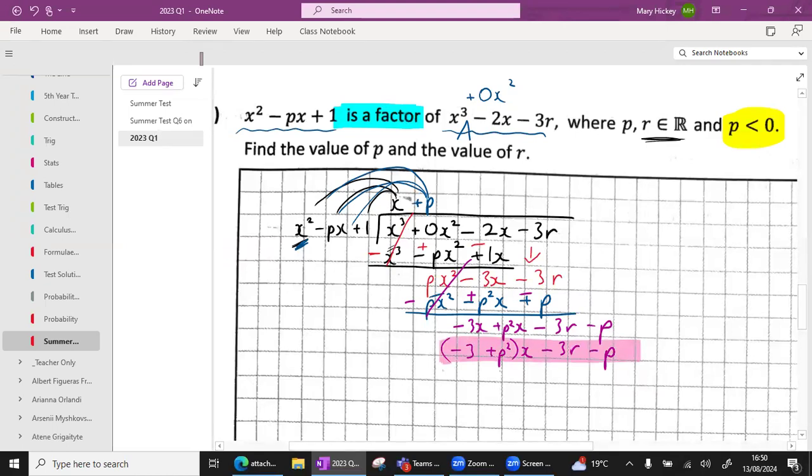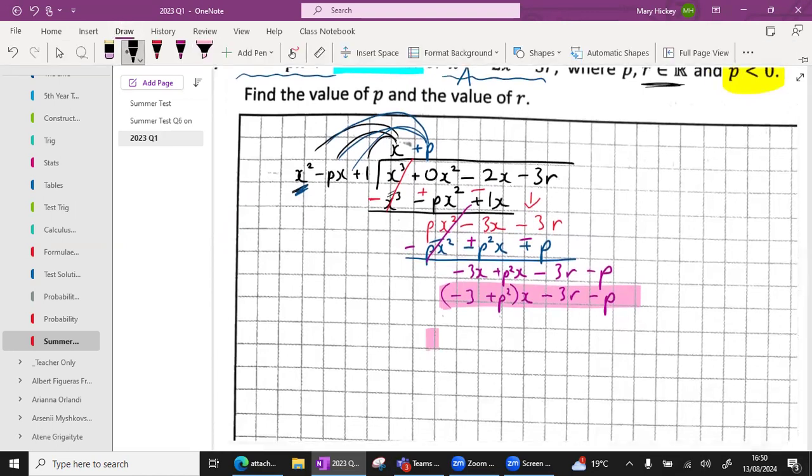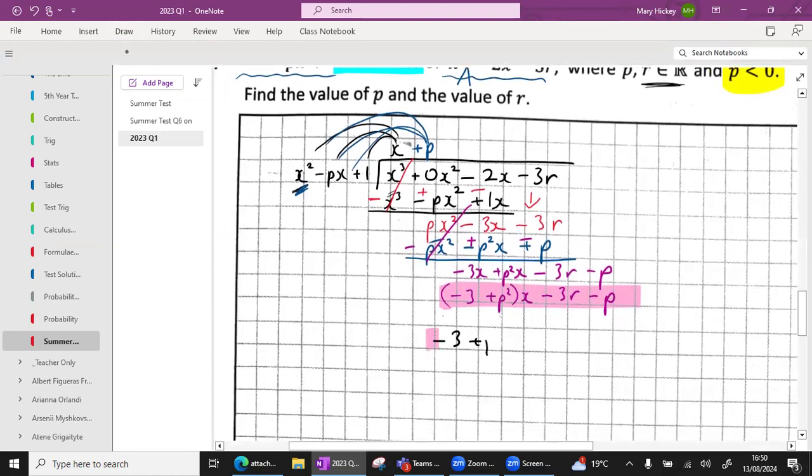In other words, the remainder, the pink thing that I've highlighted, is supposed to be 0. So that tells us that the minus 3 plus p squared should be 0, and the minus 3r minus p should be 0. So in other words, each of the coefficients should be 0 in order for this to make any sense. So p squared is equal to 3.